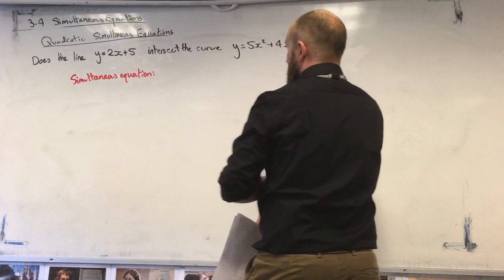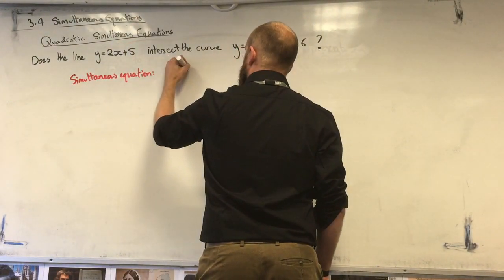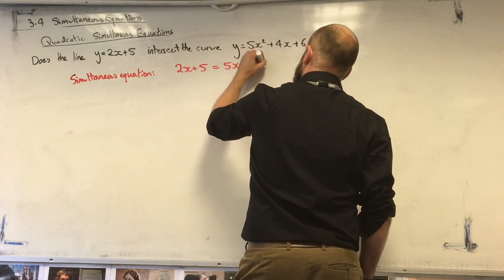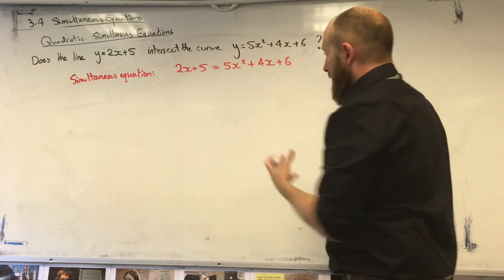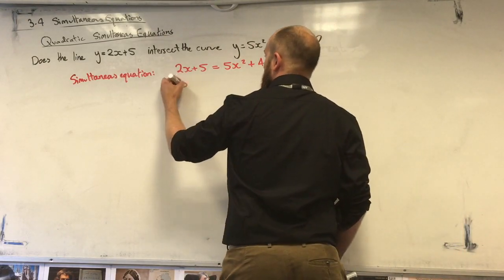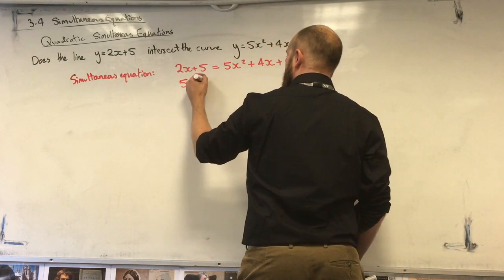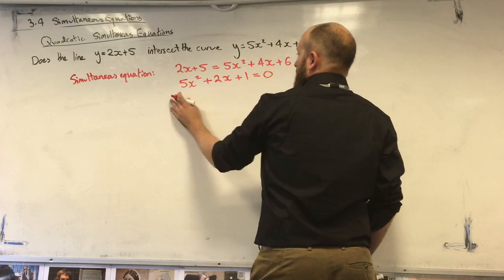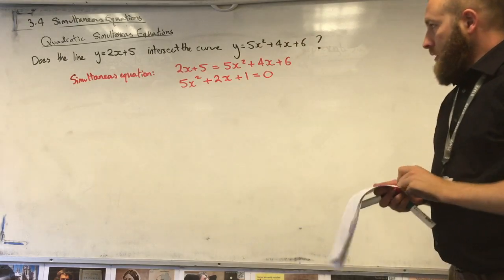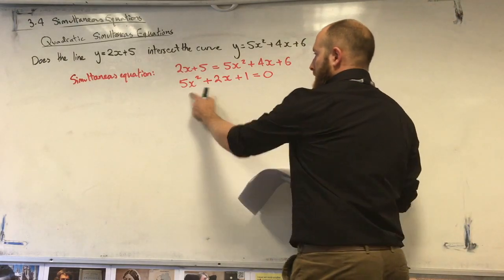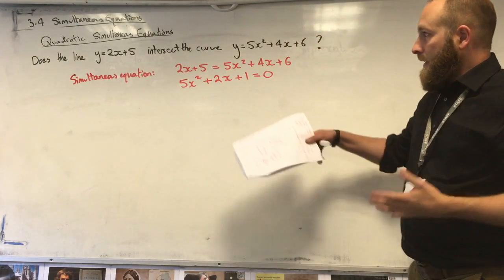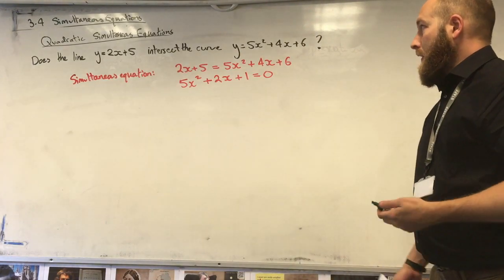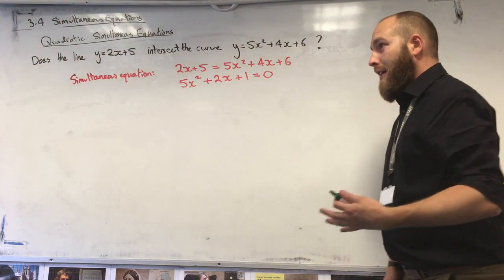So the simultaneous equation will be as follows. We can say 2x plus 5 equals 5x squared plus 4x plus 6. And now rearrange and solve this. So there's our resulting equation. Using the discriminant of this, we can find out how many times, if any, our curve and our line intersect.